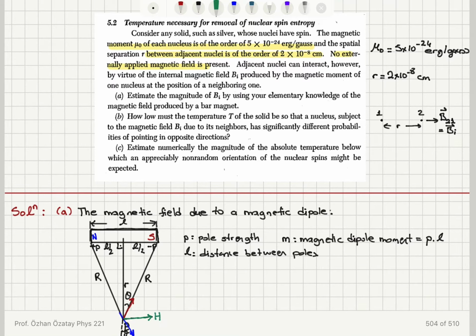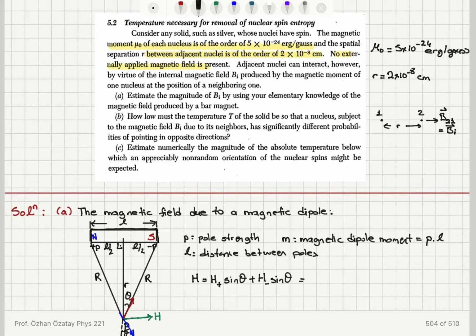This will be H, the magnetic field, and it will be equal to the magnetic field due to the north pole multiplied by sine theta, and the magnetic field due to the south pole multiplied by sine theta.